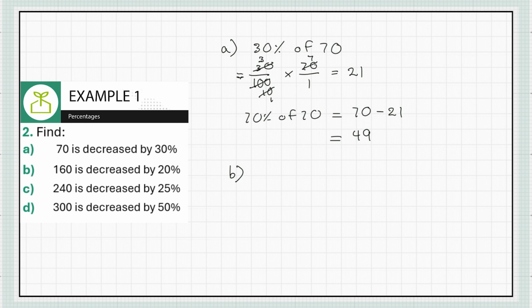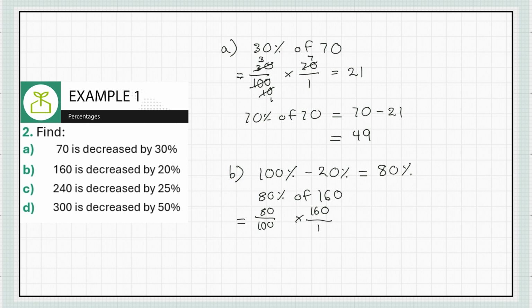The other way to do this type of problem is to take 100%, which is our initial starting value, take away the percentage that we are decreasing it by, in this case it's 20%, and then we're left with the value we actually want. So we actually want 80%. So 80% of our initial value is going to be equal to 80 over 100 multiplied by 160 over 1.